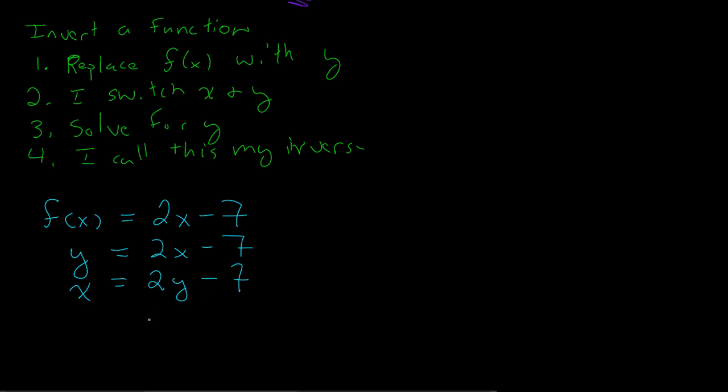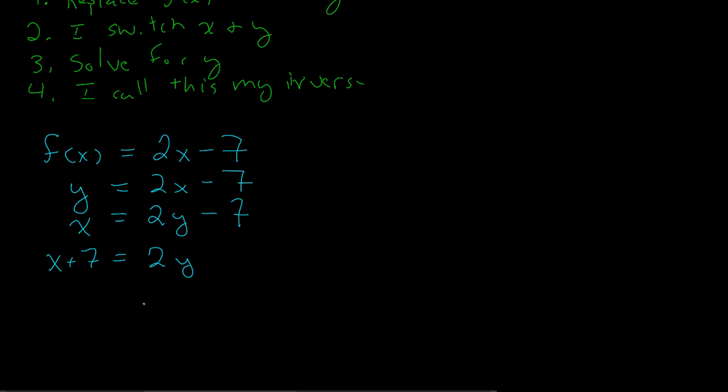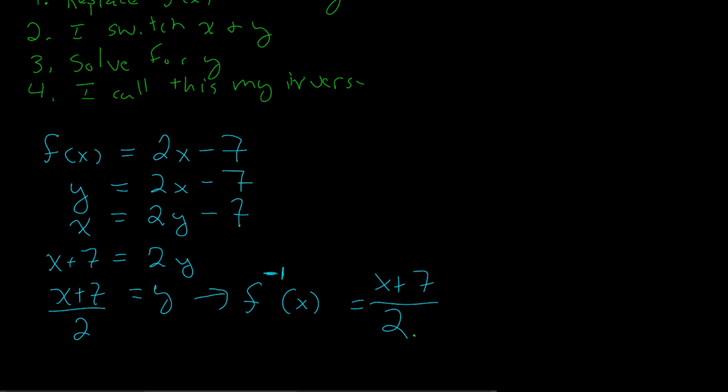So I'm going to add 7 to both sides. Divide by 2. And I'm going to say this is my inverse. The inverse of the f function is equal to x plus 7 over 2. So this becomes our process for taking inverses.